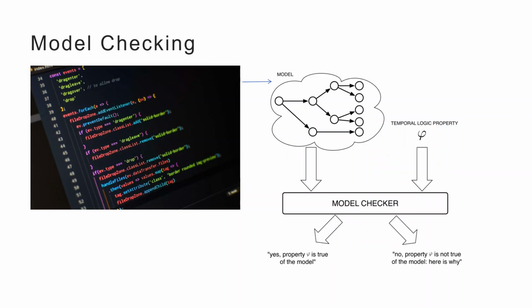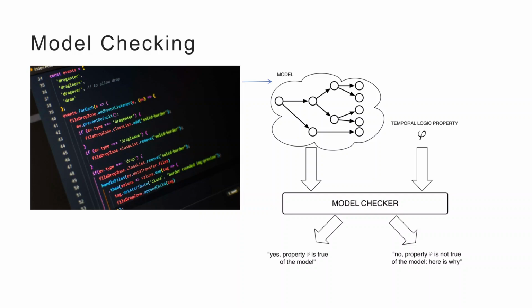This approach models the program as a finite state machine and uses mathematical logic, especially temporal logic, to describe the system's behavior and properties. It then automatically verifies whether the system satisfies those properties.